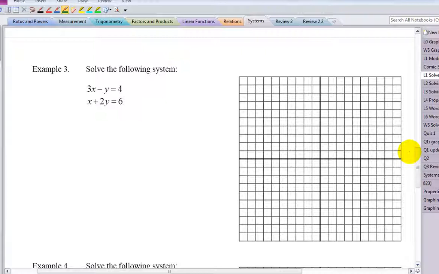Solve the following system. So this one, because 3 and 4 wouldn't divide nicely, they're not multiples of each other, change this one into y equals mx plus b.